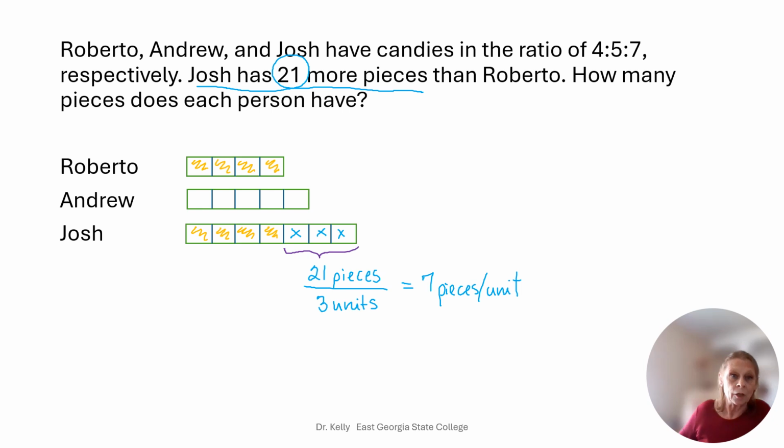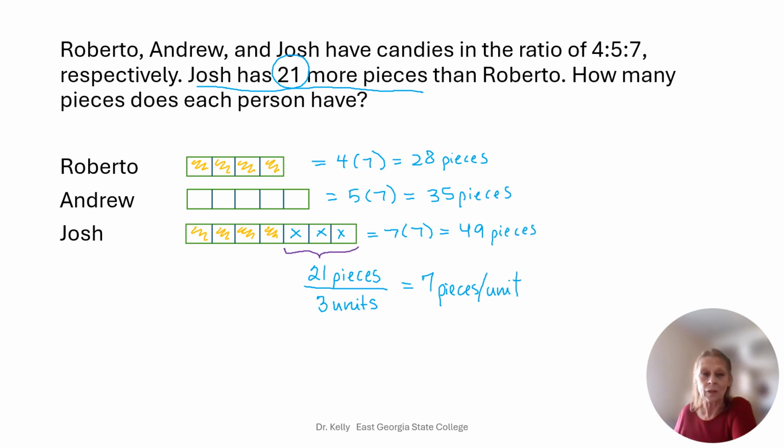Well, Roberto had 4 times 7, which is 28 pieces. Andrew had 5 times 7, so he had 35 pieces. And Josh had 7 times 7, so he came in with 49 pieces.